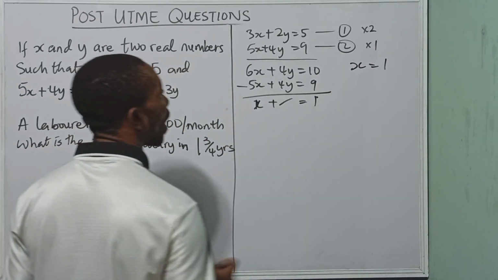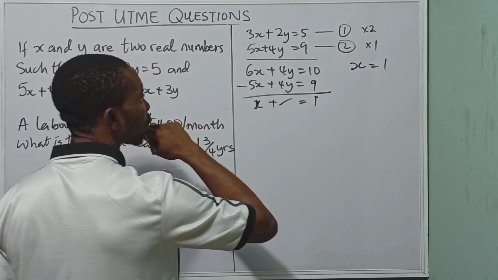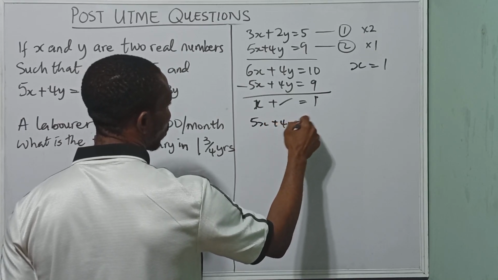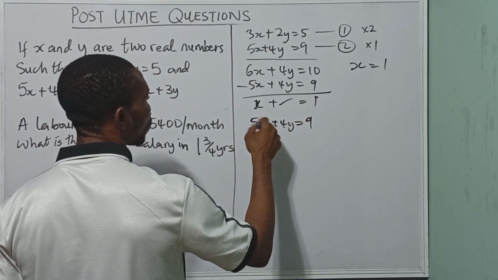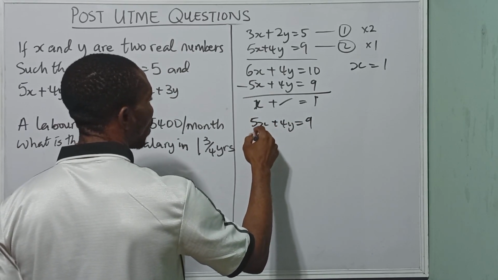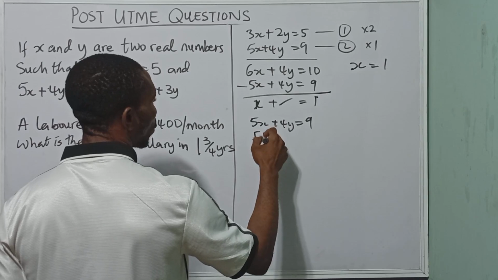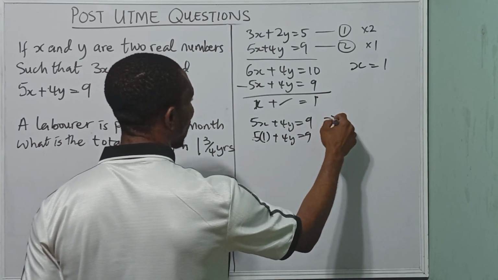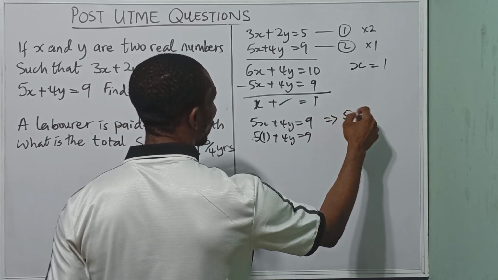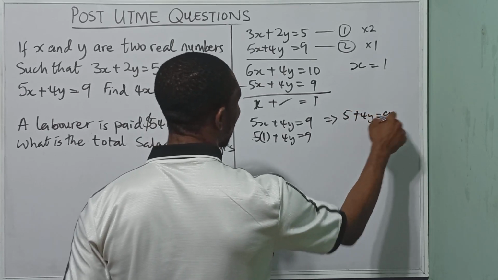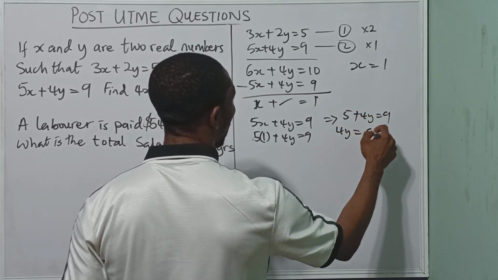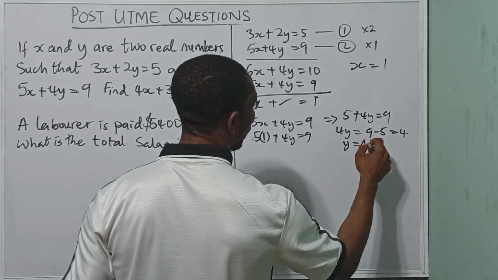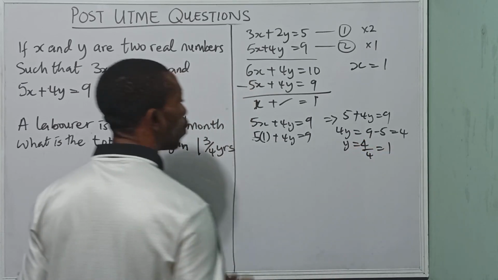Now substituting x equals 1 into equation 2, 5x plus 4y equals 9, we have 5 bracket 1 plus 4y equals 9. So we have 5 plus 4y equals 9, so 4y equals 9 minus 5, which is 4. So y equals 4 over 4, which gives us 1.